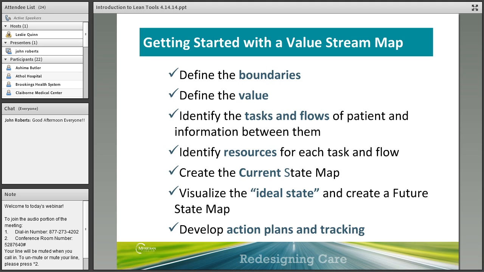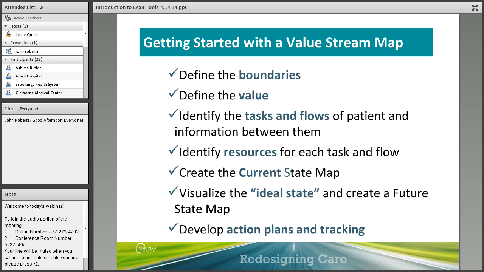Again, we want to define what value is in the process, and we define that value from the customer's perspective. We want to identify the tasks, flows, and information that are needed at those particular spots in the process.